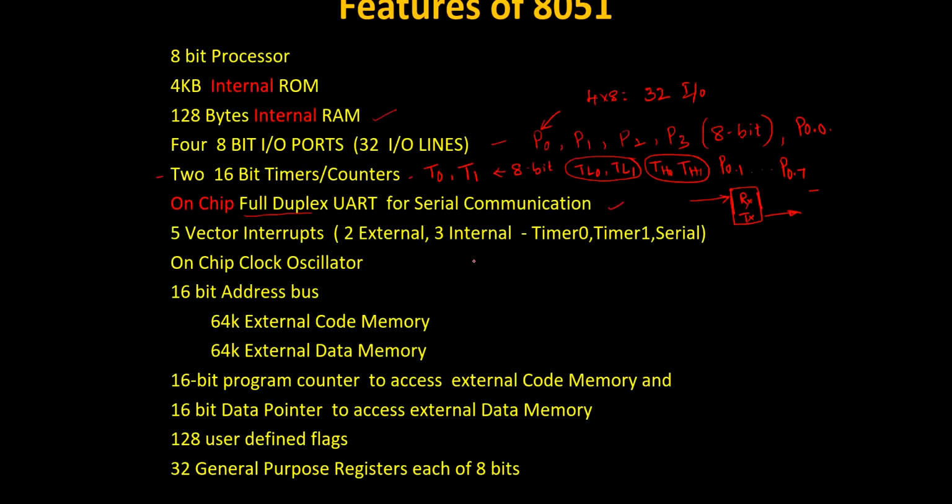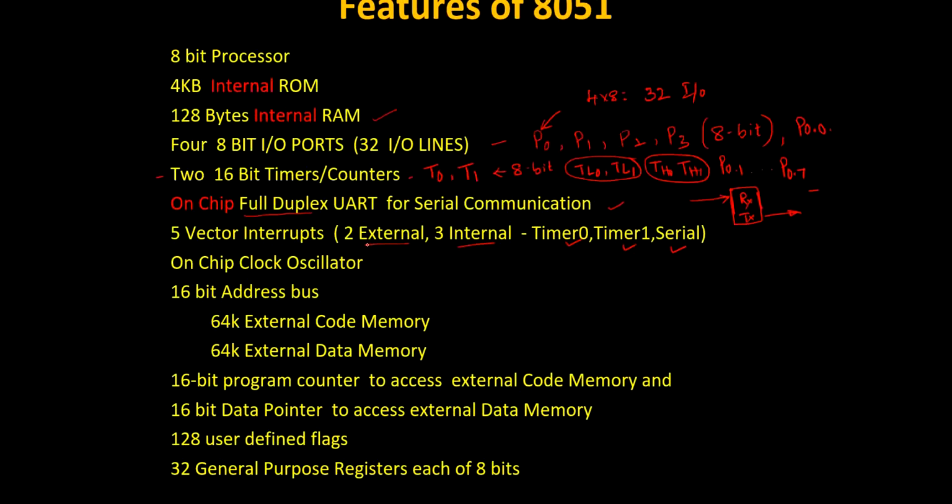Next we have the 5 vector interrupts. We should remember that we have 2 external interrupts and 3 internal interrupts: timer 0, timer 1 and serial communication.